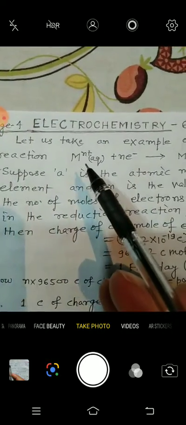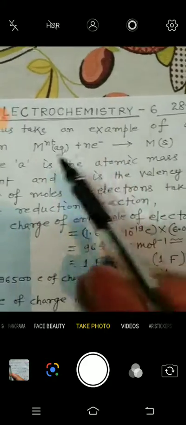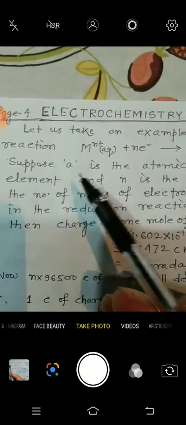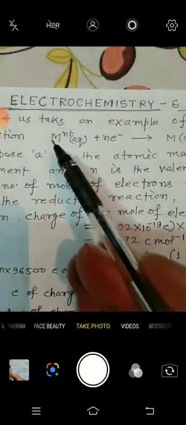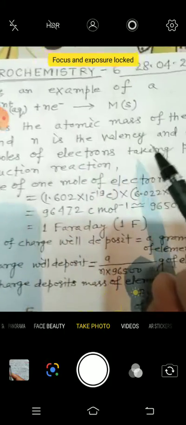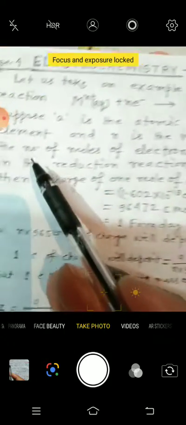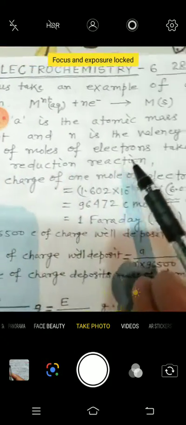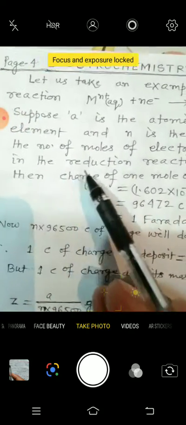Now let us take an example of a reaction in which suppose A is the atomic mass of this element M and N is the valency, also the number of moles of electrons taking part in the reaction.